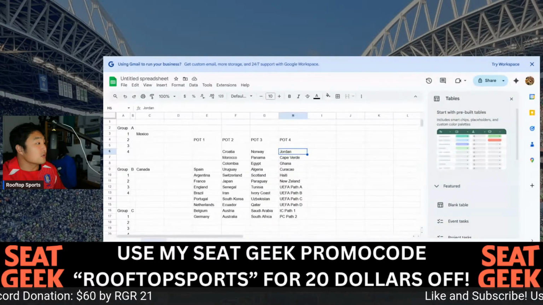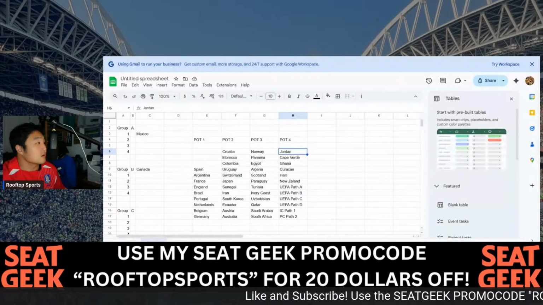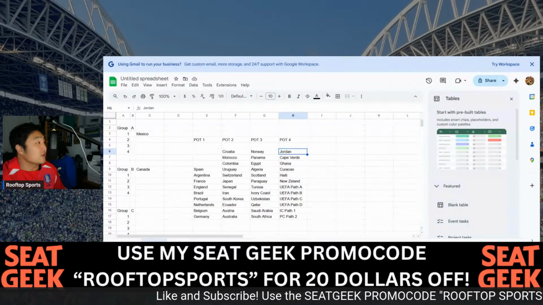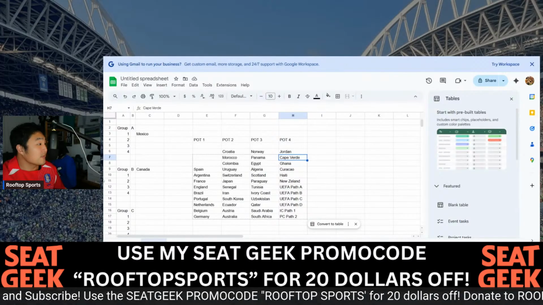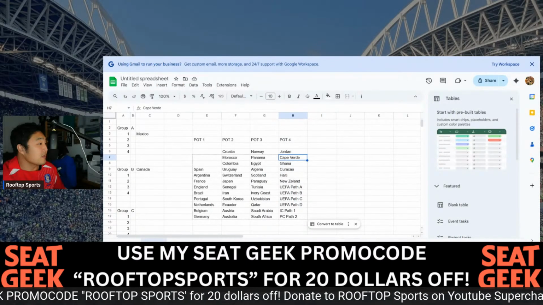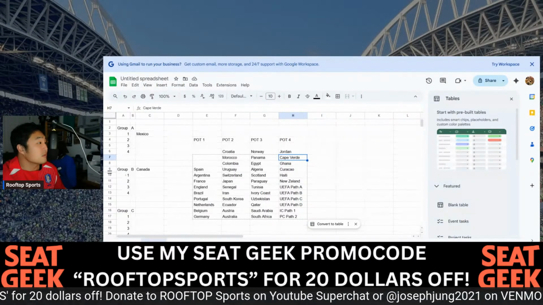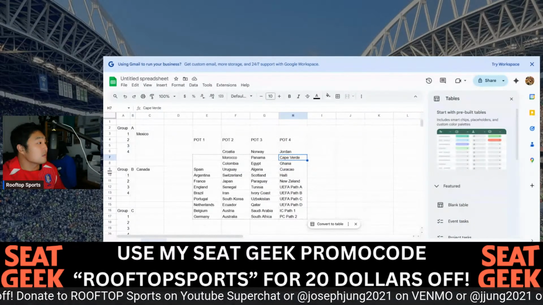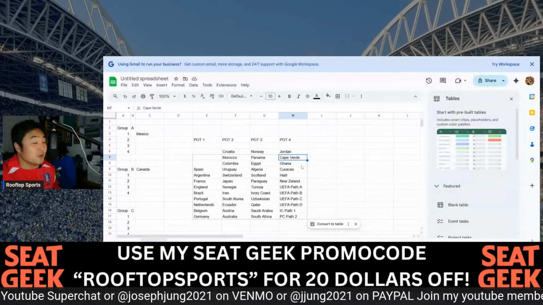Jordan, it's actually their debut. Cape Verde. Man, where is Cape Verde? They're an African team. It is also their debut.